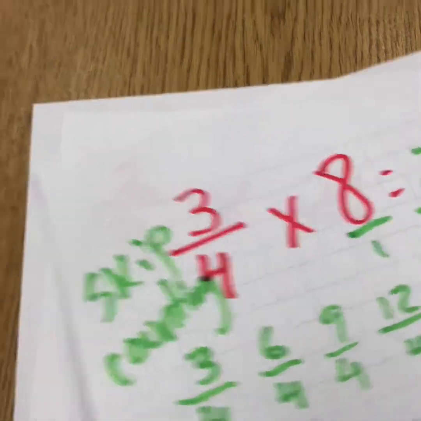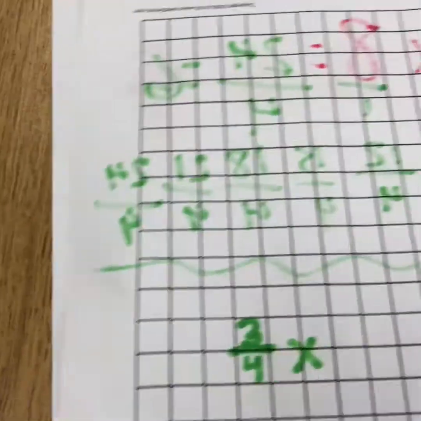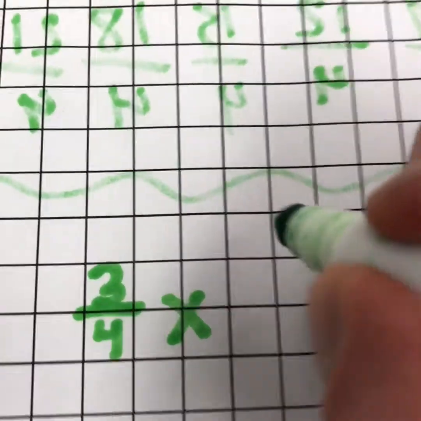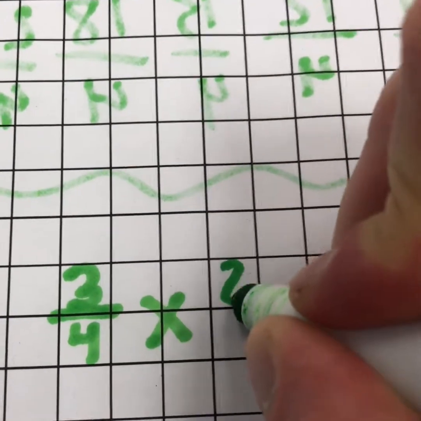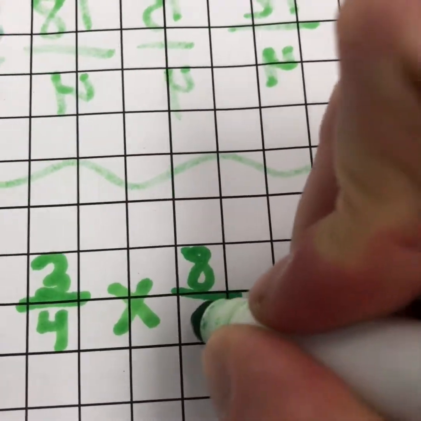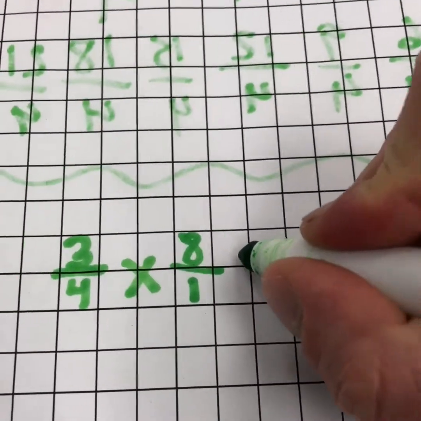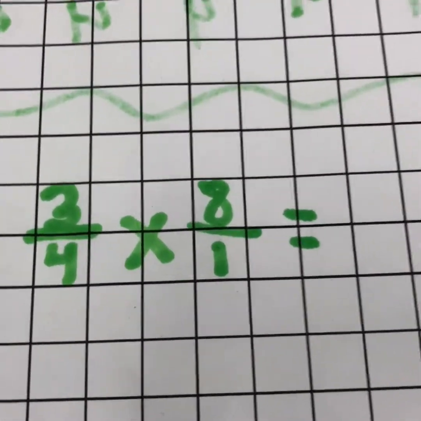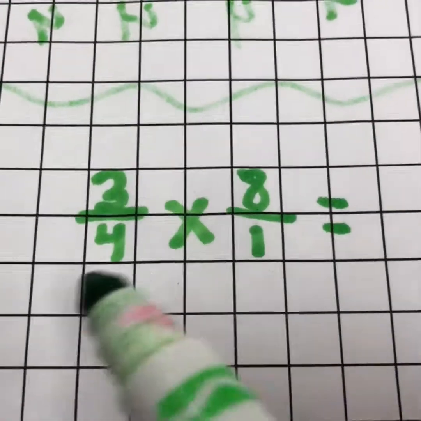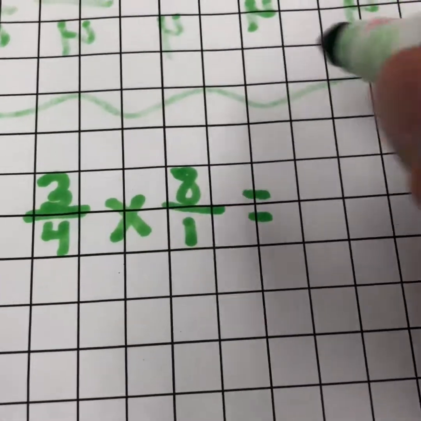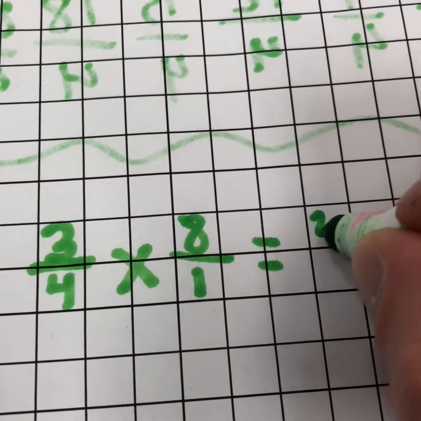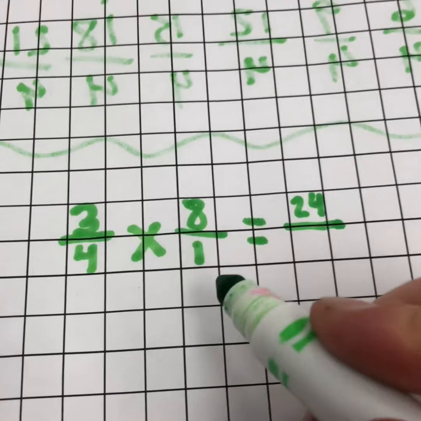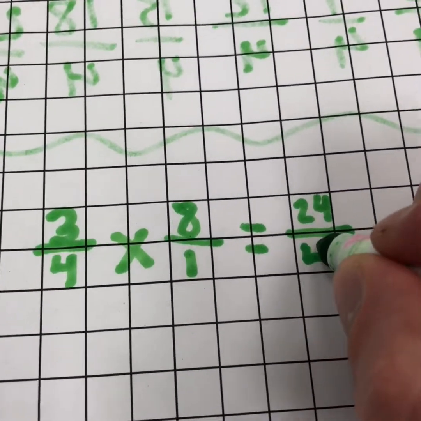It's the same thing. So if I flip over here on my grid paper and I put in 3/4, I'm timesing it by 8 over 1. And as you know, when we multiply fractions, we simply multiply across. So 3 times 8 is 24. 4 times 1 is 4.